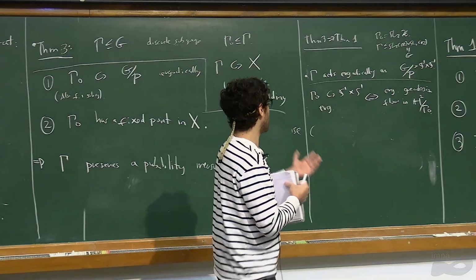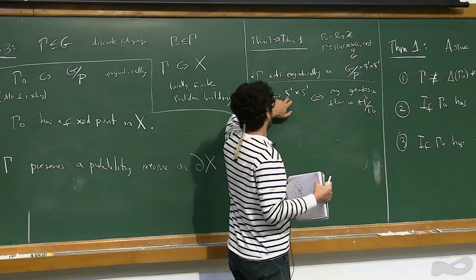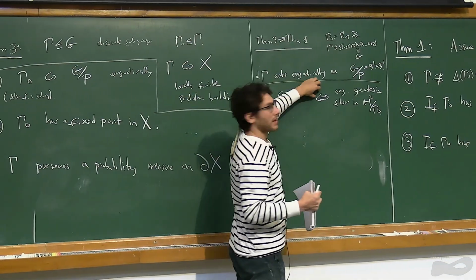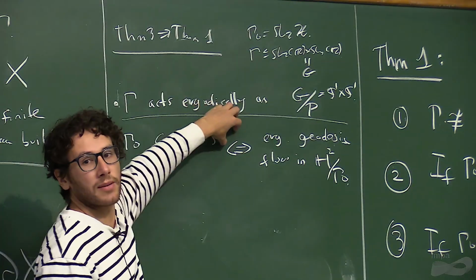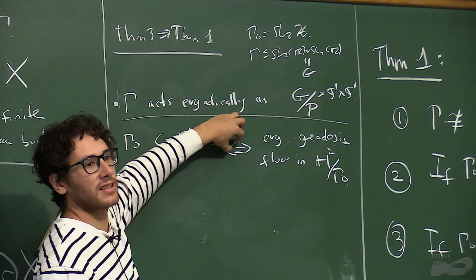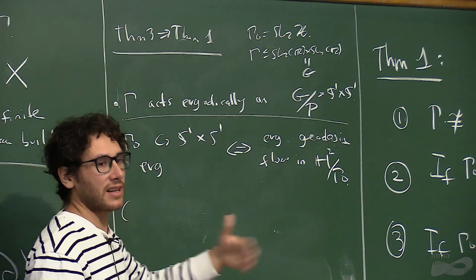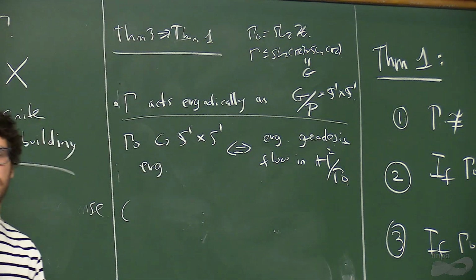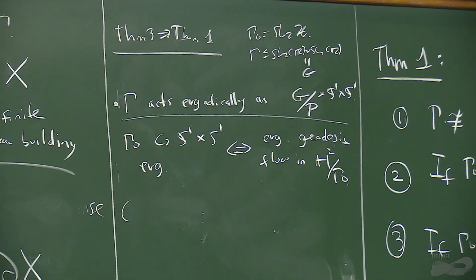In this case, it worked because we have the same action here and the same action of the surface group here. But let's say you change the other action. Does this act ergodically with respect to the Lebesgue measure?